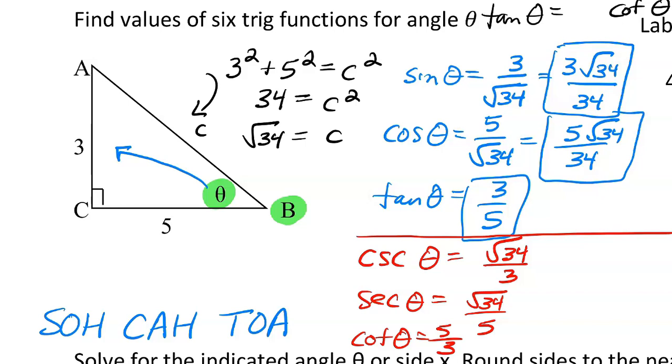Cosecant is the reciprocal of sine, so all I did was do a reciprocal of this to get this answer. Secant is the reciprocal of cosine, so all I did was flip that answer. And then cotangent is the reciprocal of tangent, so 3/5, and that would be 5/3. So that's a little review of the 6 trig functions.